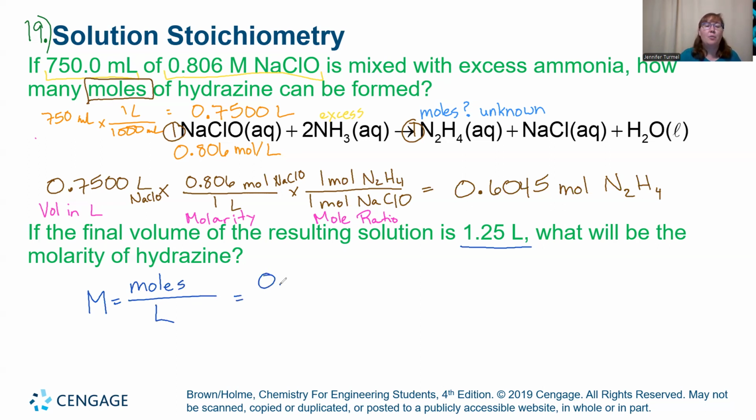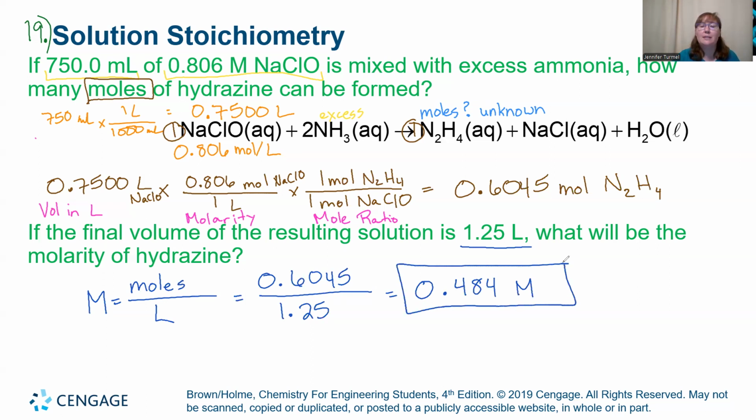So I have 0.6045, and I'm going to put it over the 1.25 liters. And that will give me a final hydrazine molarity of 0.484 molar. And I'm right back to my three significant figures that I started with.